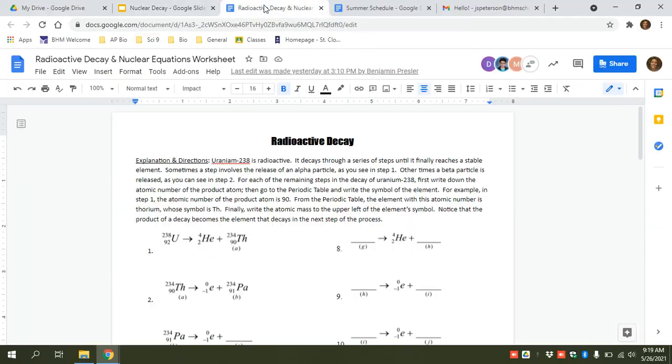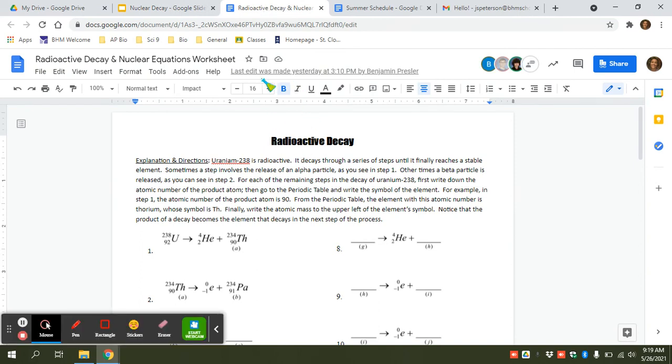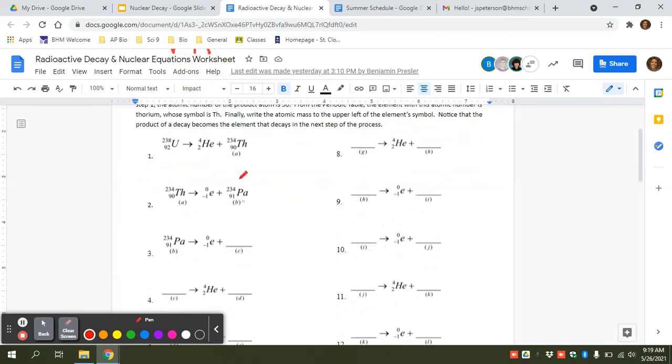I'm just going to jump out of here, get to my radioactive decay worksheet. This is your assignment today. This first page is going to be extra credit. You can read through it. It's a little chain reaction piece where once you figure out your final change, that becomes the beginning of your next reaction, and so on and so forth.